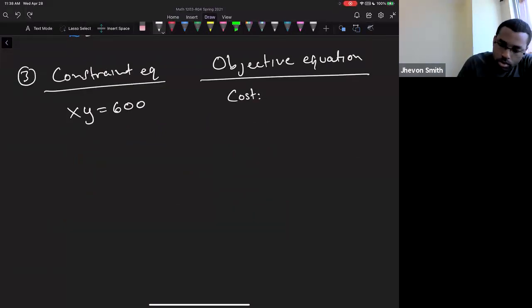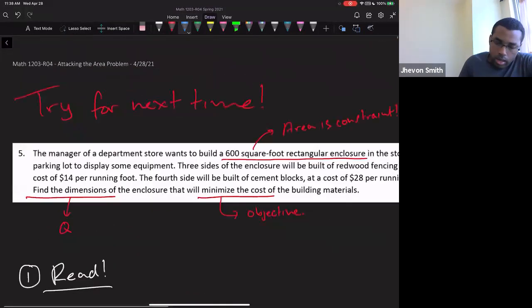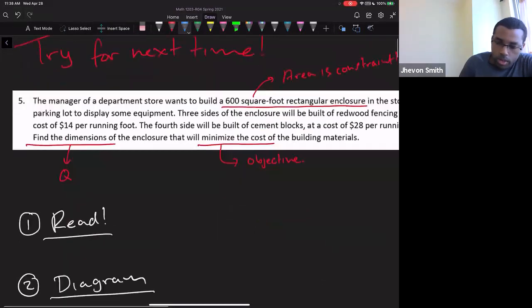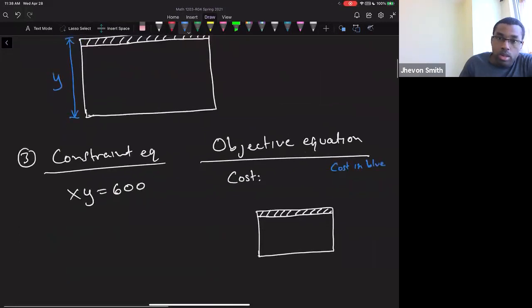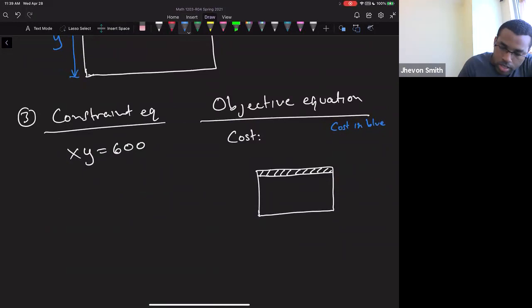So if I were to look at the diagram in terms of cost, we know that the cement blocks cost $28 per running foot. Because the cement blocks run for a length of X, this is going to cost 28X for this side, right?